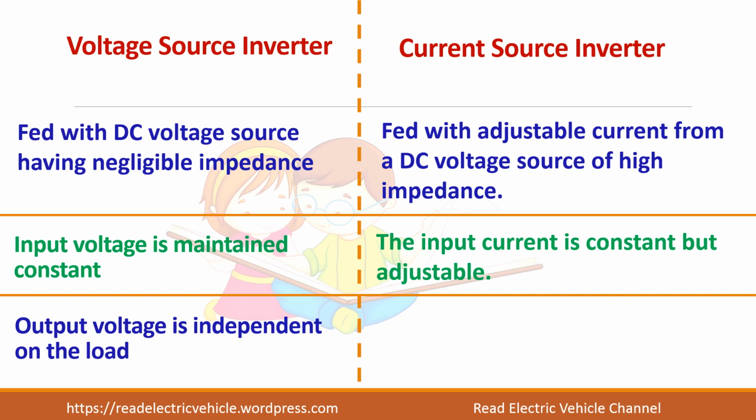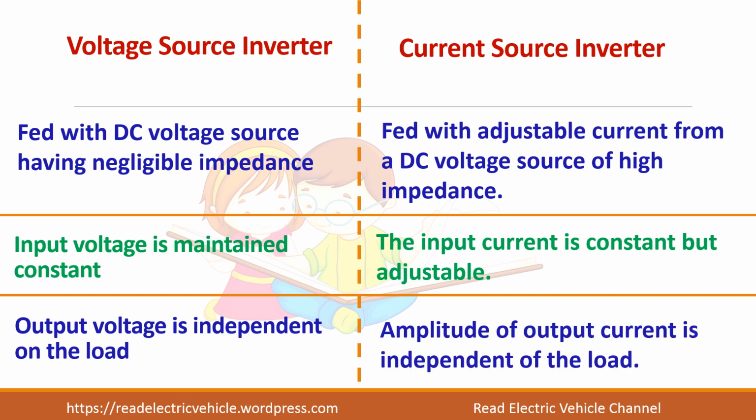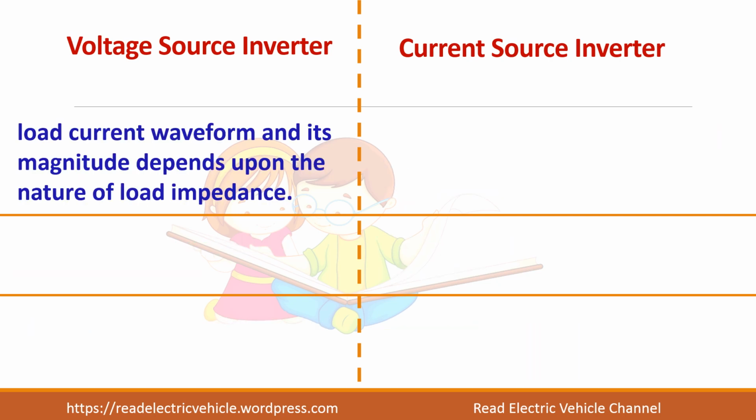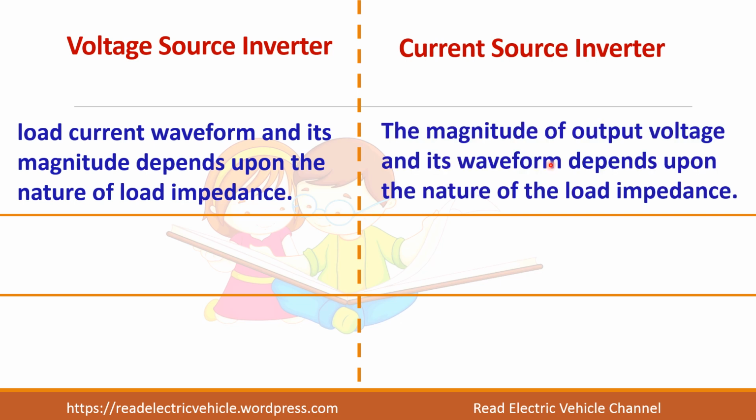You always get a square wave irrespective of the load. In current source inverter, the output current is independent of the load. And here the load current waveform and magnitude depend on the nature of the load impedance. Similarly, in a current source inverter, the magnitude of the output voltage and its waveform depend upon the load impedance.